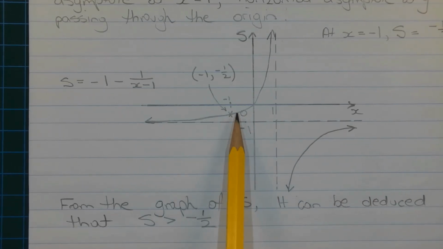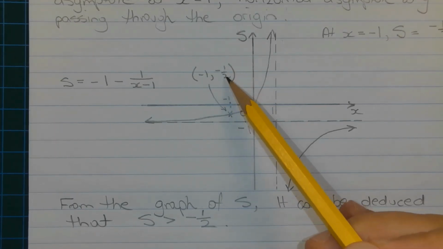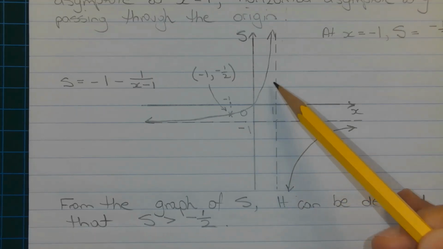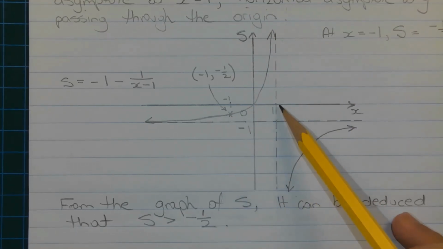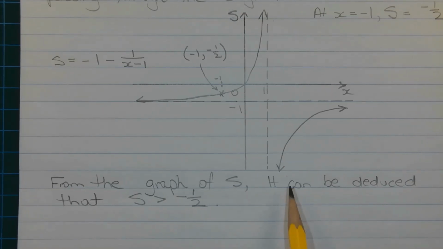So from the right hand side of this point here, we can see that s starts off at -1/2, but it can't include -1/2, and s approaches infinity as x approaches 1. So from the graph of s, it can be deduced that possible values of s are greater than -1/2.